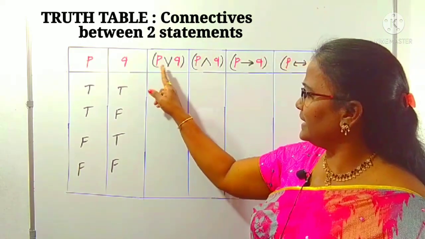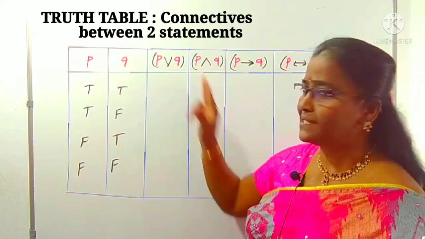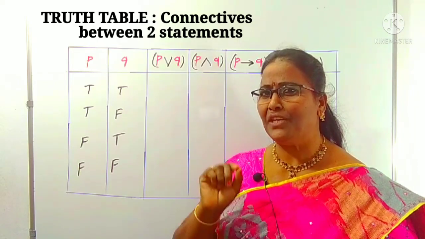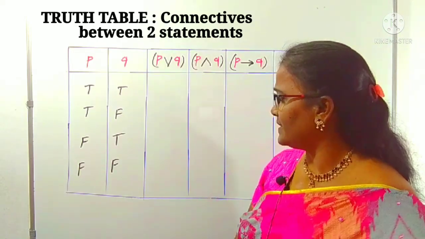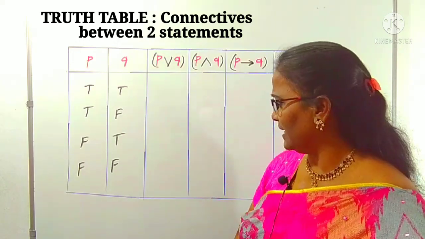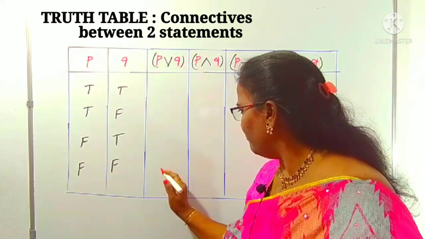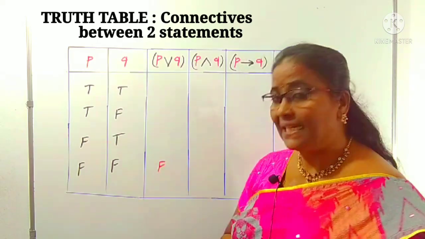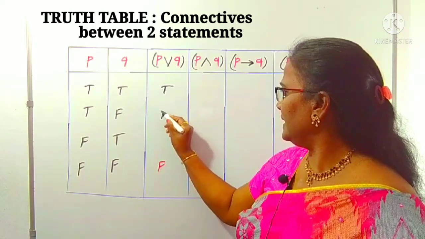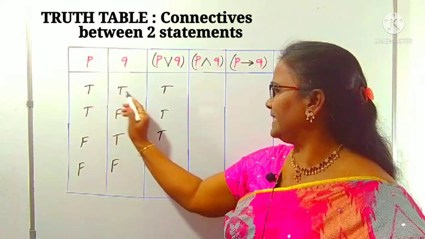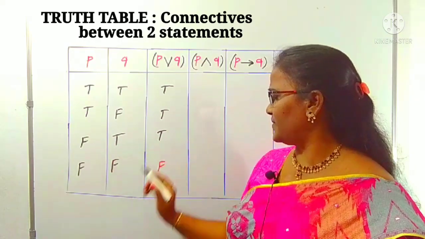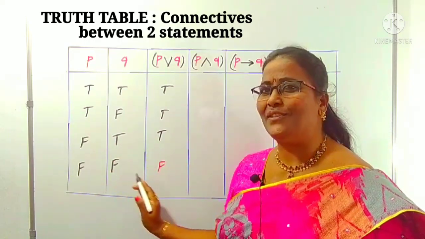We can observe that in the case of OR between two statements, all resultants are true, only when both are F is it F. Rest of them are T. Both T is T, TF is T, FT is T, but if both are false only, it is false.